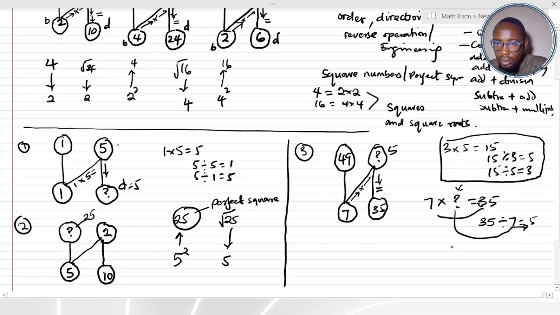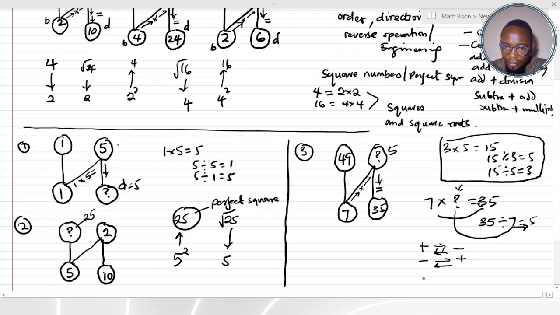So just remember that you can only move in one direction. If you are doing the opposite direction, you have to do the reverse operation. Usually, addition takes you this way towards the right. Then to come back, you need to do subtraction. If subtraction takes you to the right, to come back, you need to do addition.